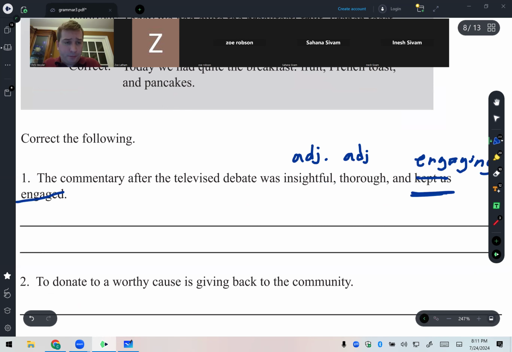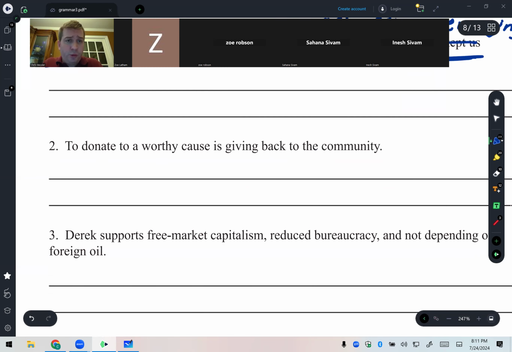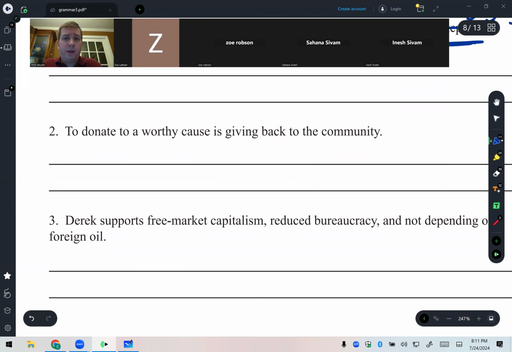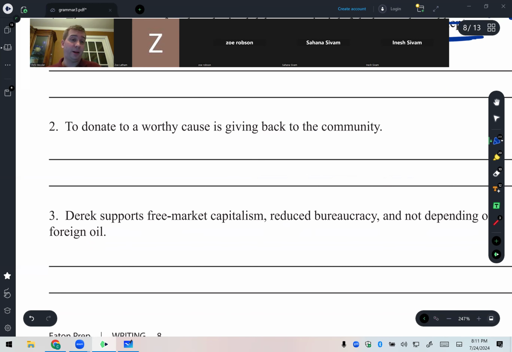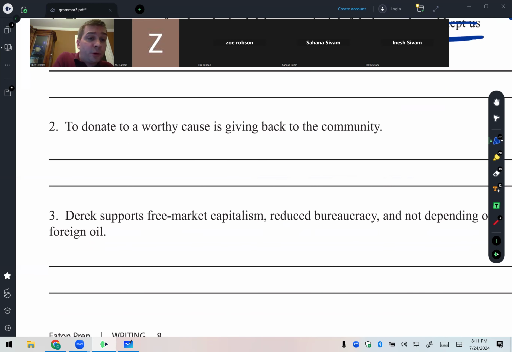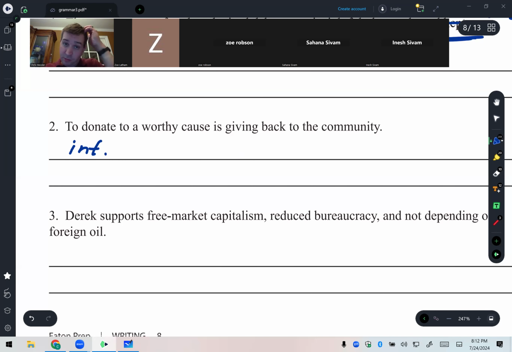Let's make this parallel. To donate to a worthy cause is giving back to the community. It's not parallel. So here I have an infinitive verb form, but here I have a gerund. And we could fix this either way. We could use all ing forms. Maybe I'll fix it with infinitives, just why not?